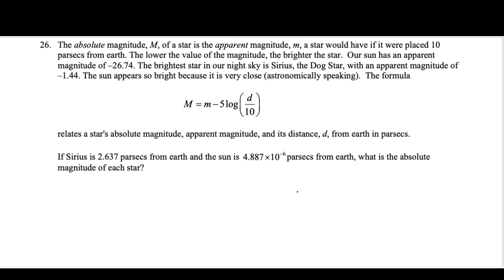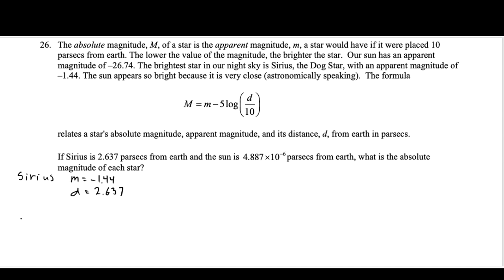Okay. So let's start by finding the absolute magnitude of Sirius, using this formula. With Sirius, we have the apparent magnitude, m, is equal to negative 1.44. Distance is equal to 2.637 parsecs.